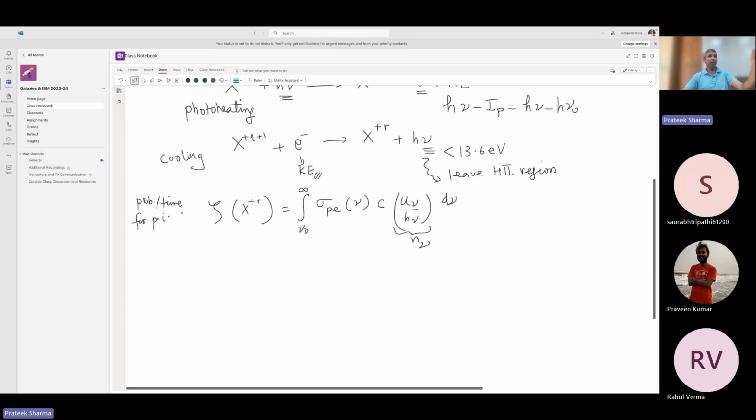For a given X plus R ion, what is the probability per unit time that it gets photoionized, which is this. So n X plus R times zeta X plus R is the rate per unit volume, the number of photoionizations per unit time per unit volume.